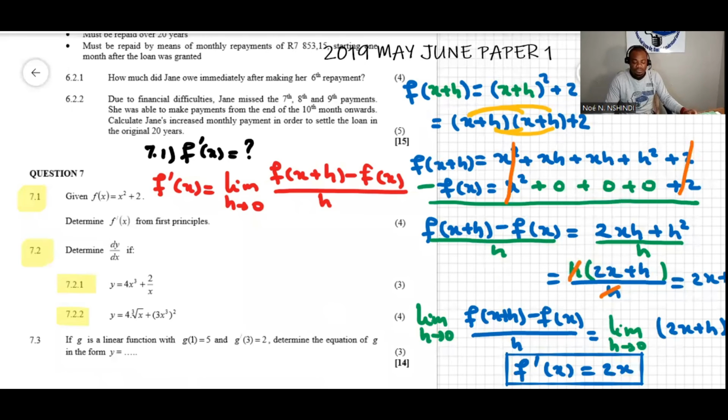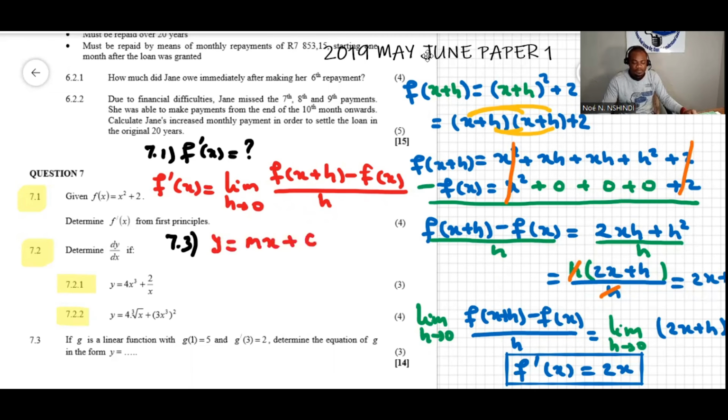Well, remember it is said that g is a linear function. So you know that a linear function is of the form, let me write here 7.3, y equal to mx plus c, okay?